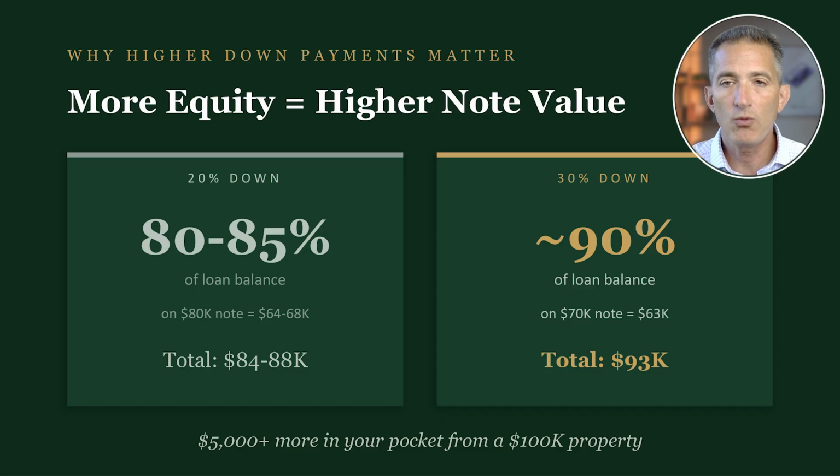When you sell me a note with a higher down payment, I can pay you closer to 90% of the loan balance instead of 80 to 85%. That's thousands of dollars more in your pocket at closing. So when you're negotiating with buyers, remember that getting them to put more down doesn't just reduce risk. It increases your profit when you sell the note.